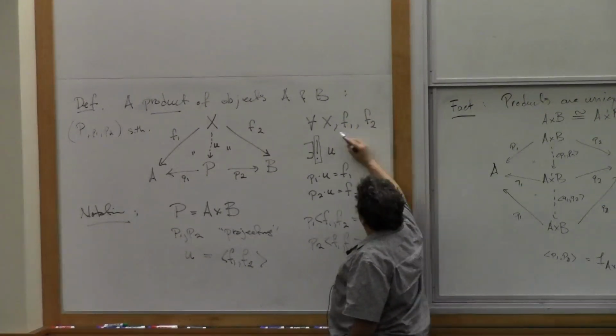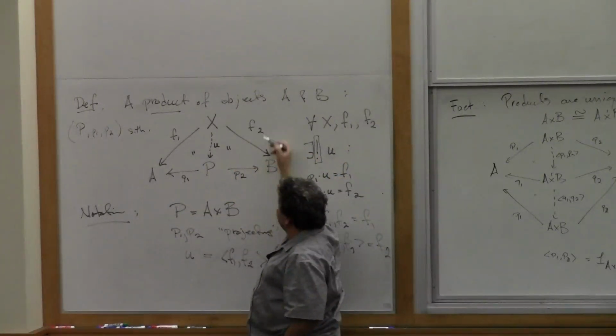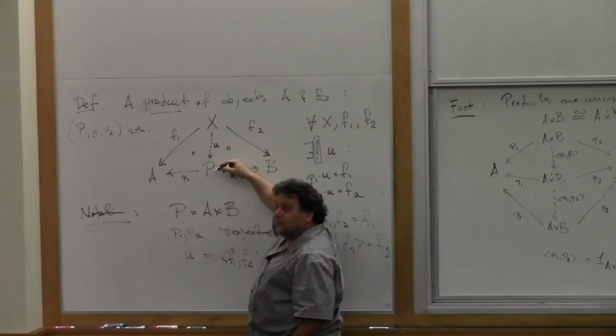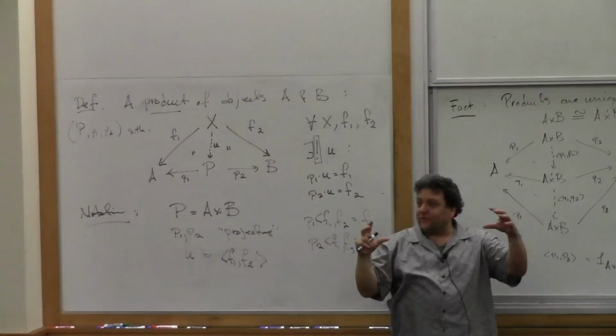Give it an object equipped with two maps, one to A and one to B. So it's one of these, and every other one maps into it, uniquely. It's a universal such gadget. That's the structure, the whole thing.